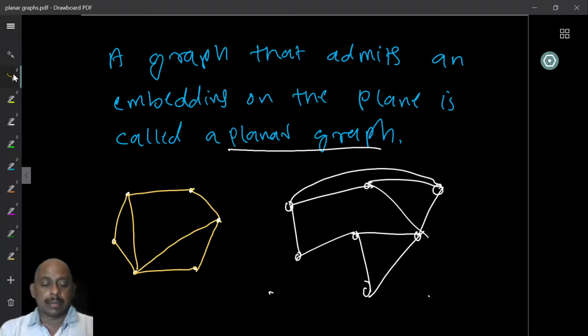You can very well see that this graph is represented on the plane where you have the vertices as distinct points, and whenever you have an edge between a pair of vertices, then you draw a line segment connecting them.